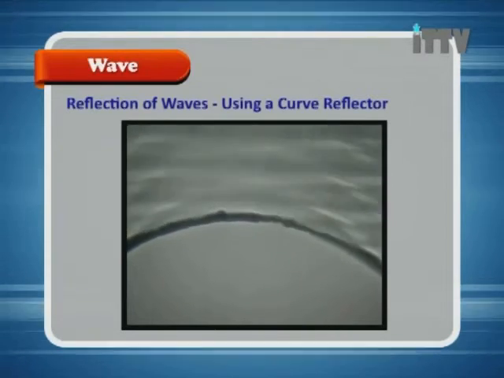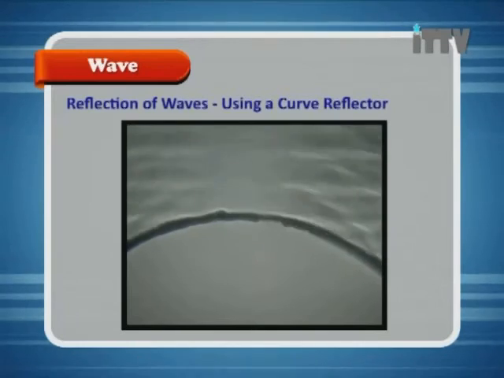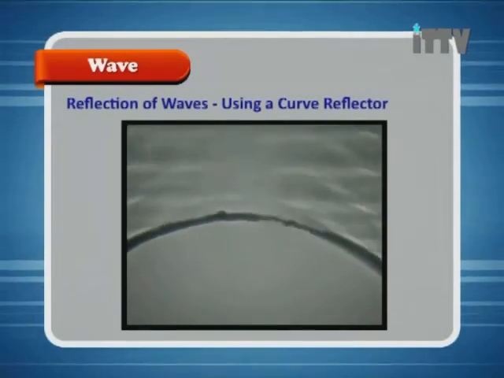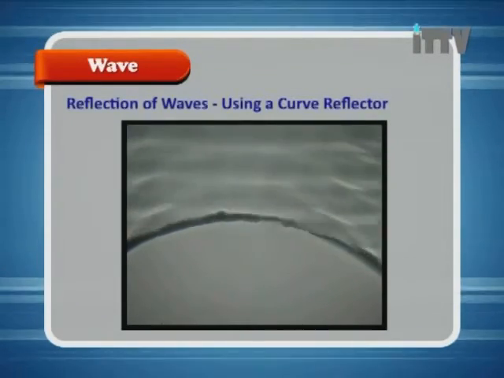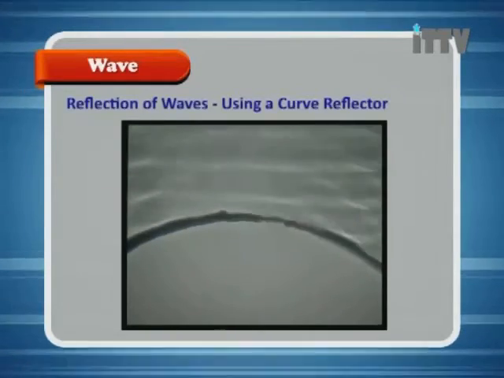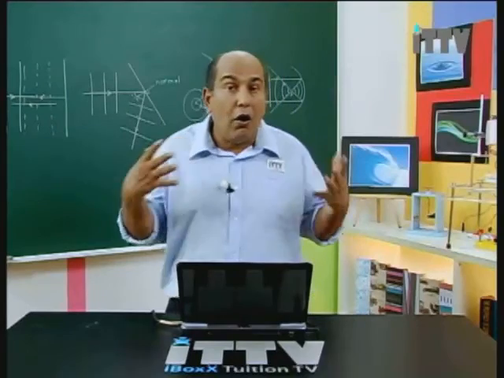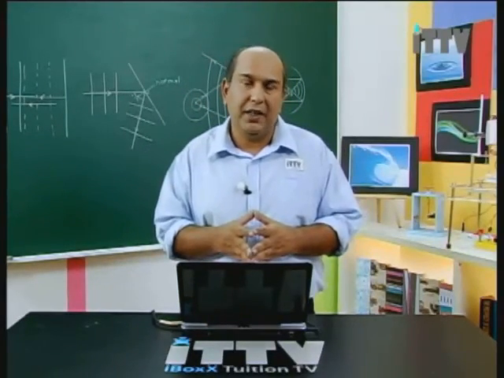What about if we use a convex reflector? Here, it compares very similar to a convex mirror. Diverging parallel rays form a virtual focus at F, which is behind the reflector. So, if you have a convex surface, do exactly the same thing like we said.